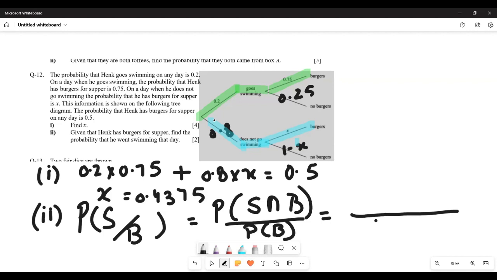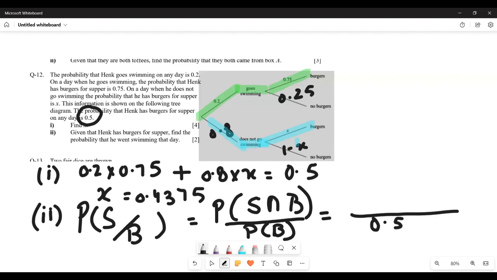In part 1, we found X. That probability of eating burger would be 0.5 from the given data. So B, probability of eating a burger, is 0.5, which we write in the denominator. Numerator, we have to write probability of going for swim and eating a burger.